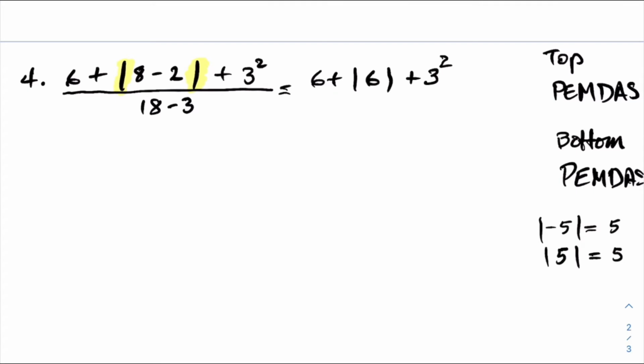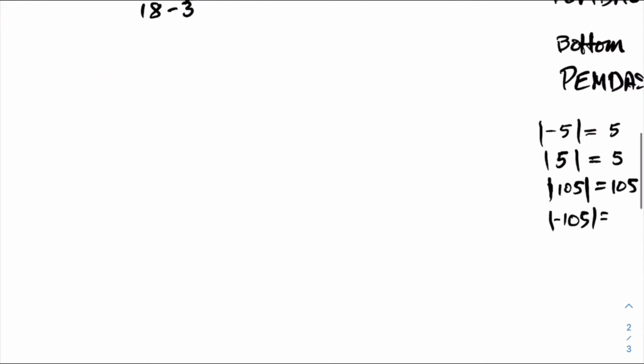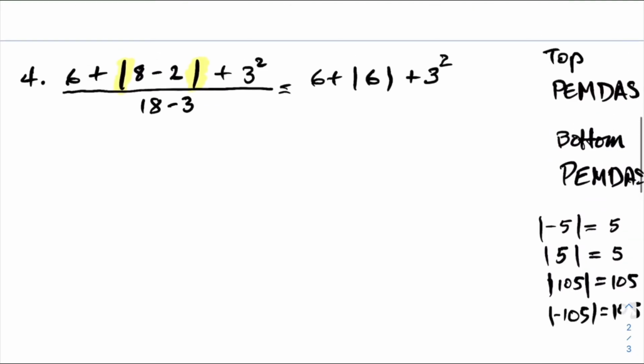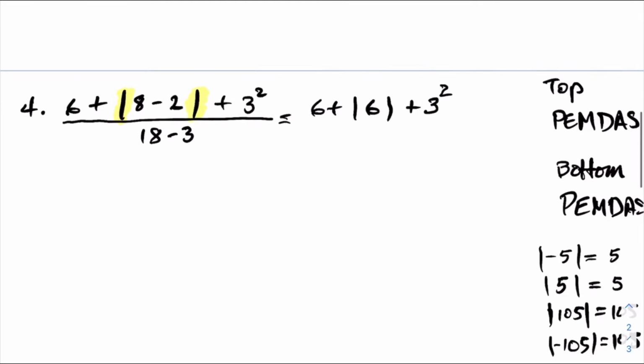All it does is make everything inside positive. So pick a random number. Absolute value of 105 is 105. Absolute value of negative 105 is 105. Again, the only function for absolute value is making the number positive.